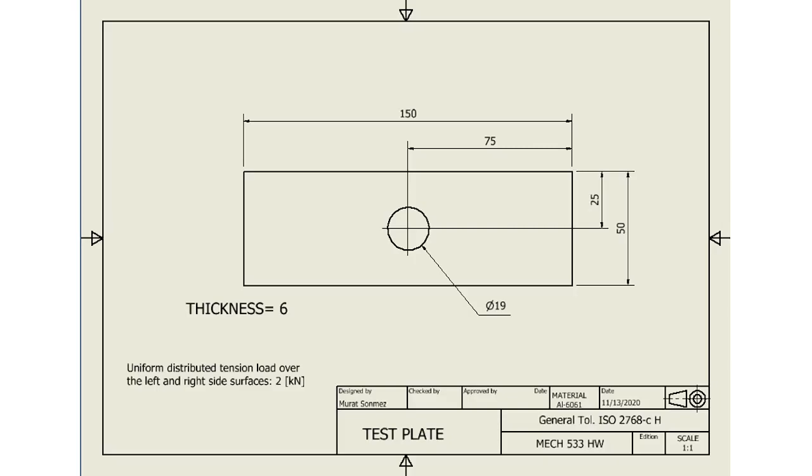You see it has a simple drill. The location coordinates are 75, 25, diameter 19. The center point of the drill in this example is at the centroid of the surface. Then create the model of this one.